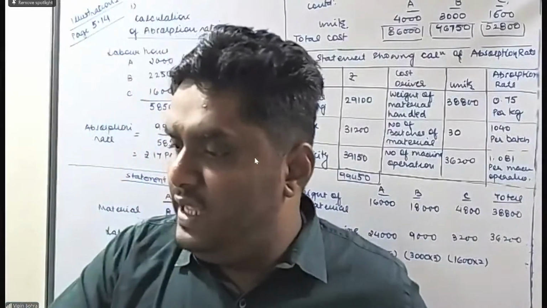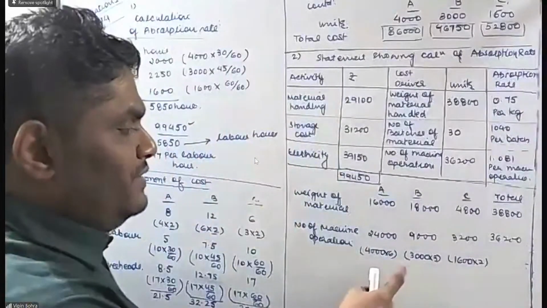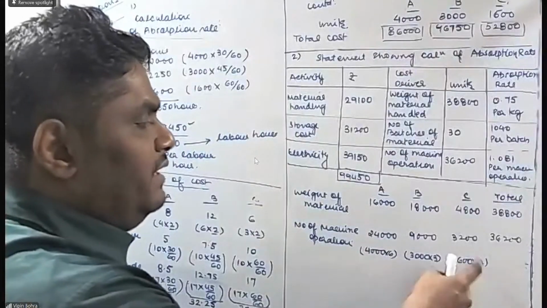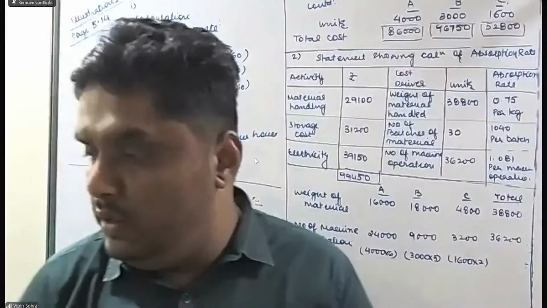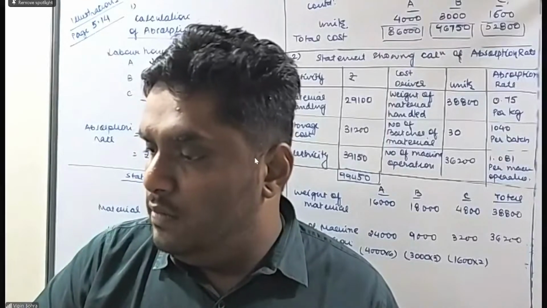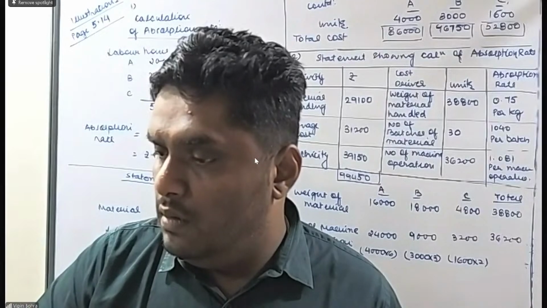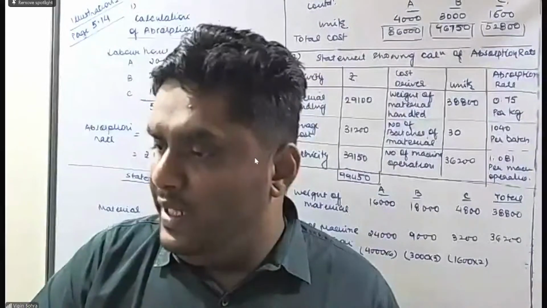I'll be discussing with the help of a question. So it is 4,000 into 6, 3,000 into 3, and 1,600 into 2. This is how I got 3,200. I hope your query is resolved.